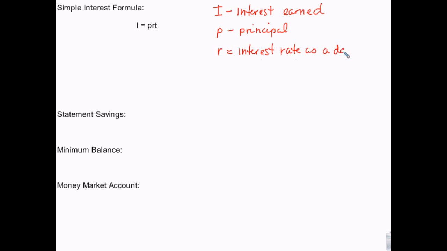Okay, and this is really important. If your interest rate is 10%, don't multiply it by 10. You have to turn your percent into a decimal or you get the wrong answer. And then T is time, and it's always in years. So if you want to find out how much interest after 7 months, you have to turn 7 months into years. So it would be 7 divided by 12. Okay, so that in years is really important also.